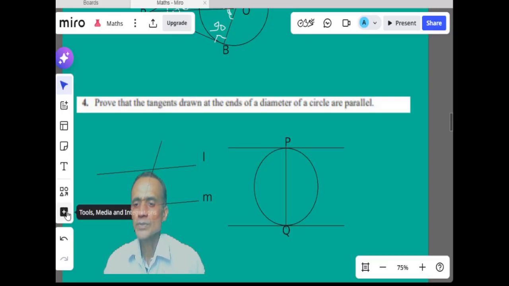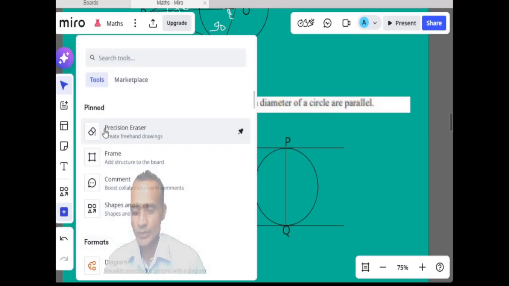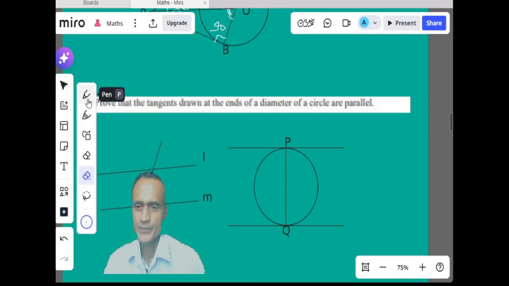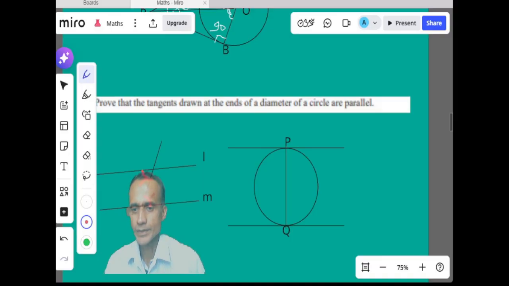If these two lines are parallel, then we have studied in the past that if two lines are parallel and a transversal is drawn, then the alternate angles are equal. This angle is equal to this angle, and corresponding angles are equal to the same angle, this one.